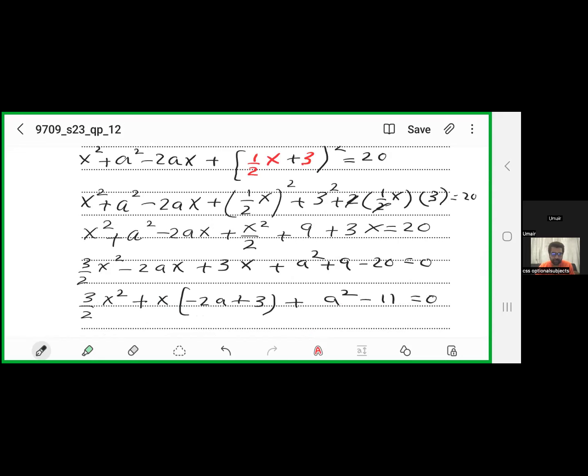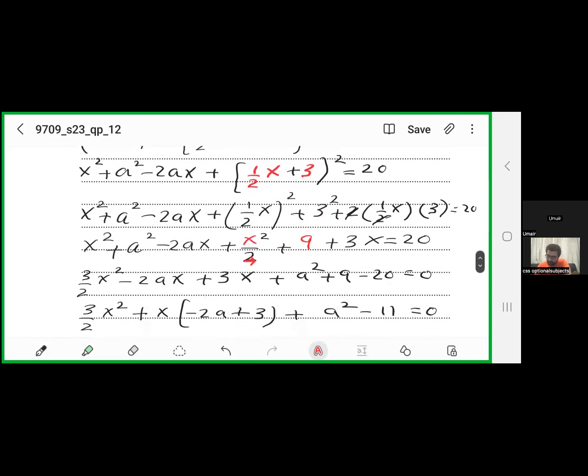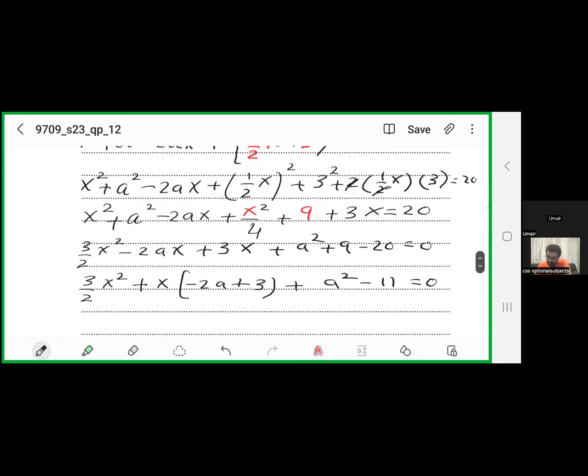Let me just see the equation once again to make sure it is correct. Okay, I think we have made a mistake. 1 over 2 square is 1 over 4. Please make a correction over here. This is x square over 4, and if you add this x square over 4 to x square, it will be a bit different answer. This is 5 by 4 then.